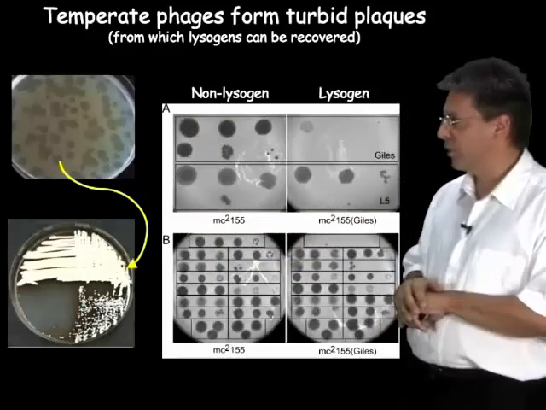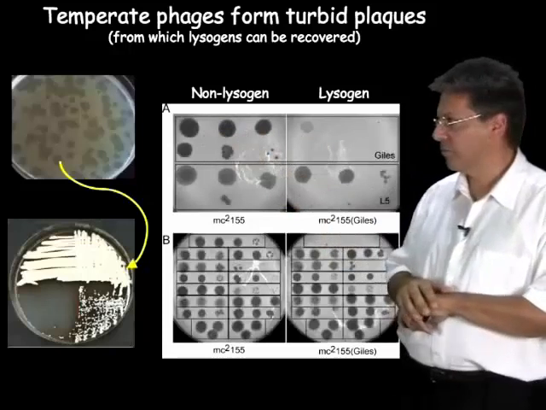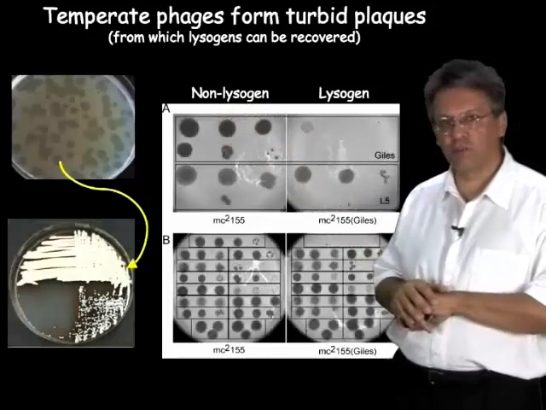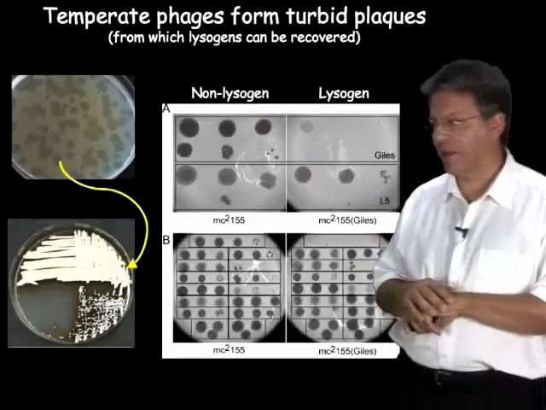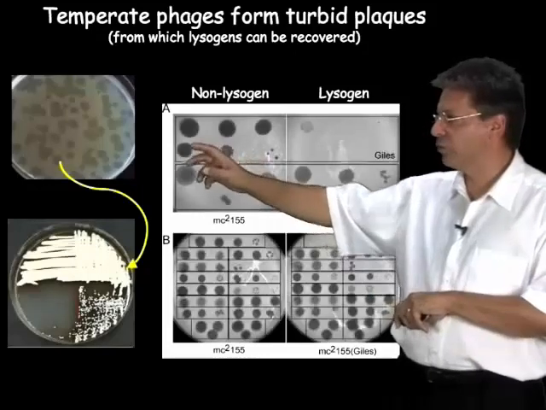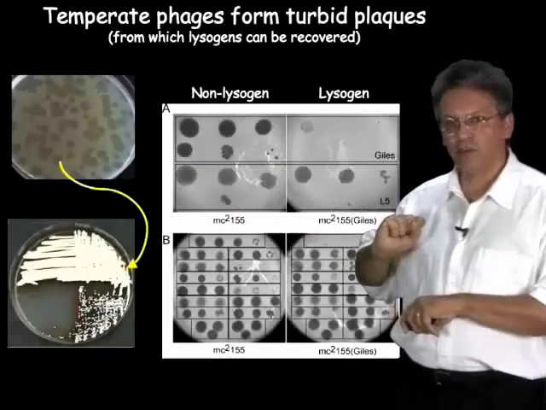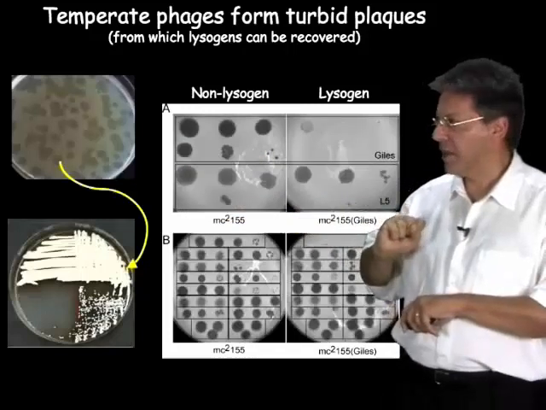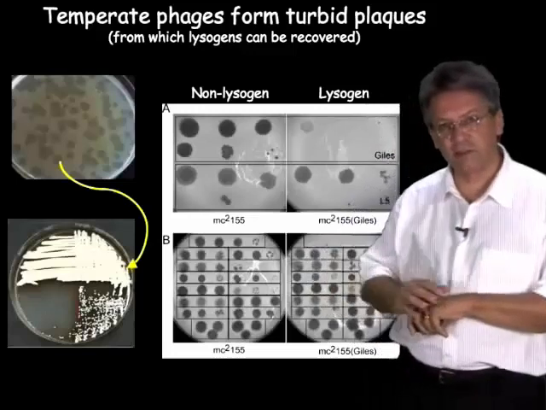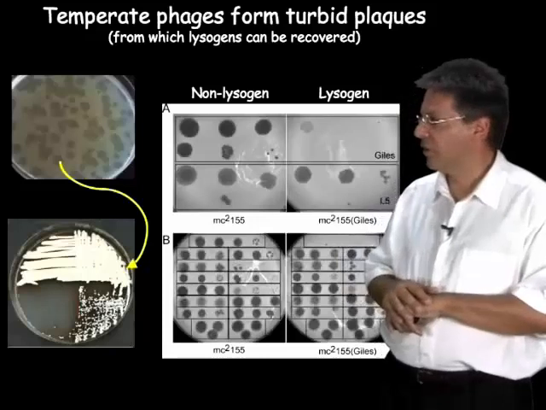In this example, we're comparing a non-lysogenic strain with a lysogen. And in the top, we've just spotted on dilutions of a bacteriophage sample. And you can see that these serial dilutions, from the most going down to the least number of particles, gives you the titer, i.e. the number of particles per milliliter of sample on the non-lysogen.